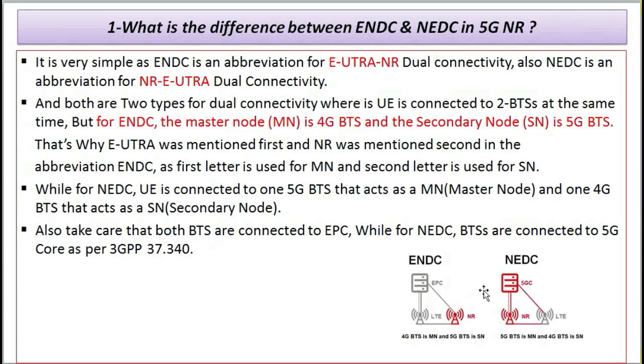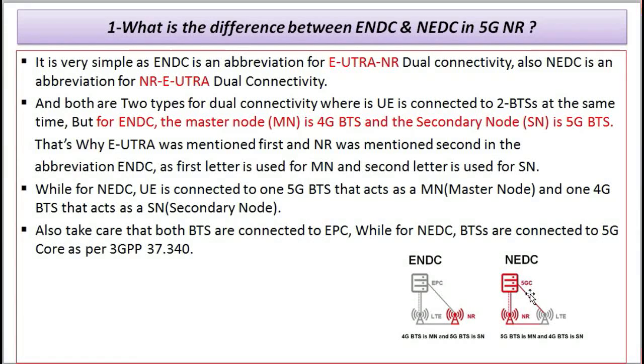While for NEDC, one UE is connected to one 5G BTS that acts as a master node B, and one 4G BTS that acts as a secondary node B.